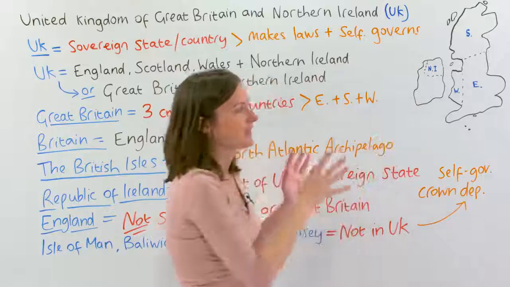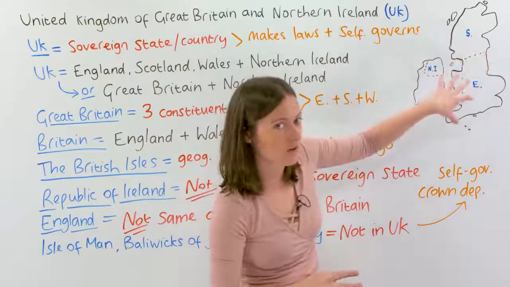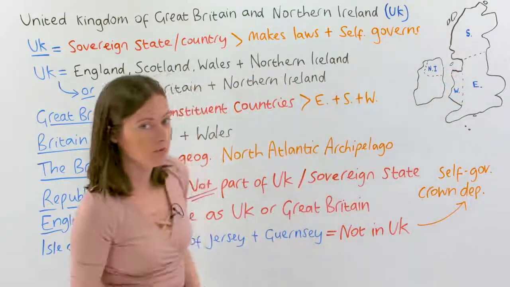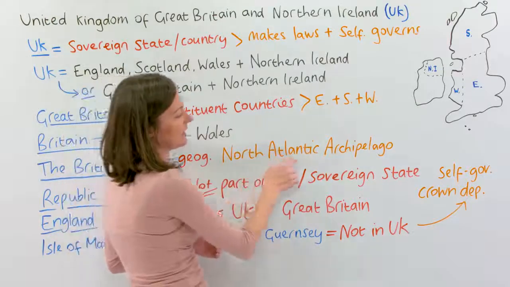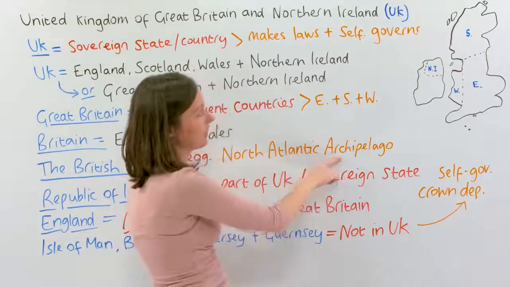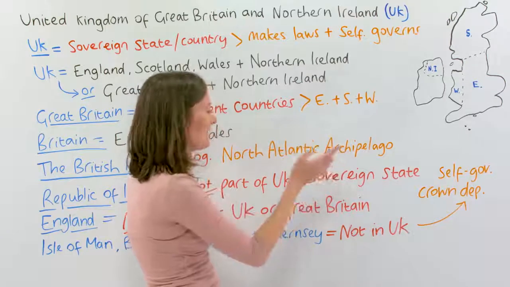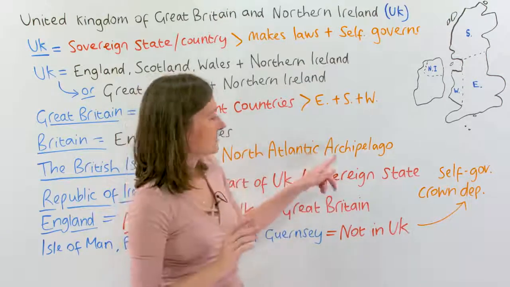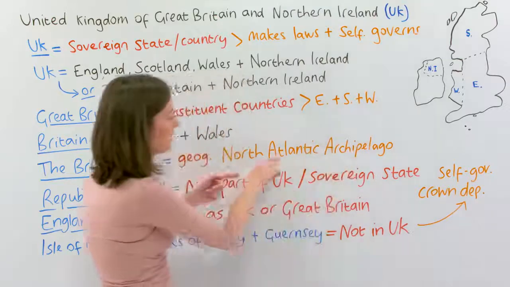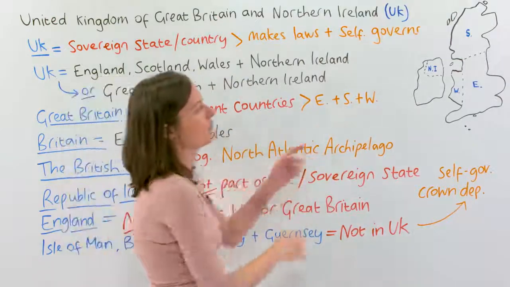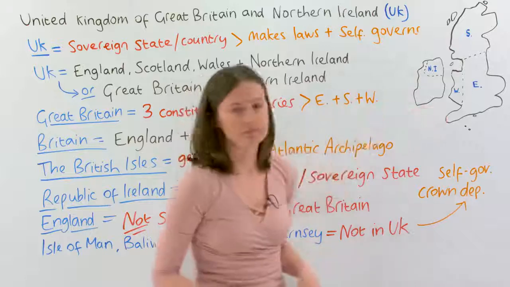So some people object to calling this the British Isles. If you do object, you can say the North Atlantic, I can never say this word, archipelago. And this means a collection of islands. And the place in the world is in the North Atlantic.